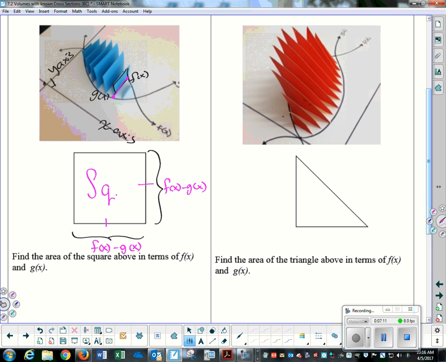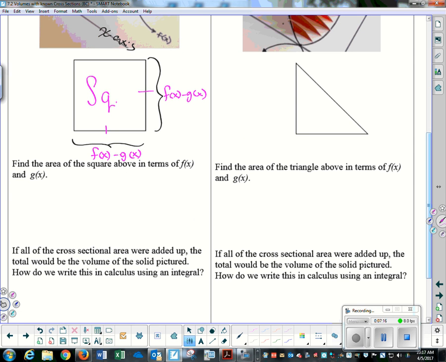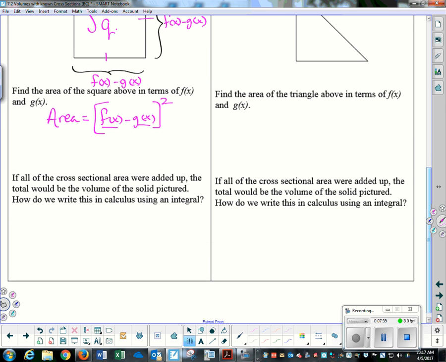So how would I calculate the area of that particular square? The area is equal to f of x minus g of x times f of x minus g of x, or we could say f of x minus g of x quantity squared. This is the area of a square, changing as the measurements of f of x and g of x change, so it's a varying area calculation.